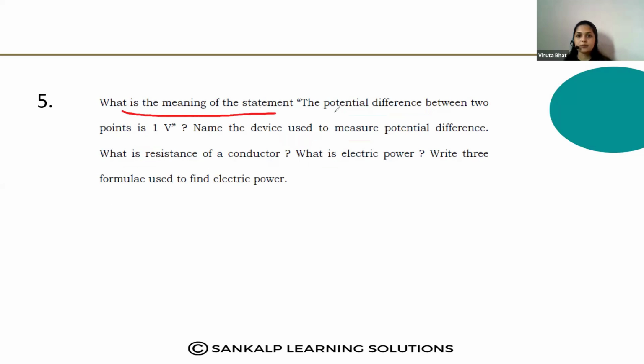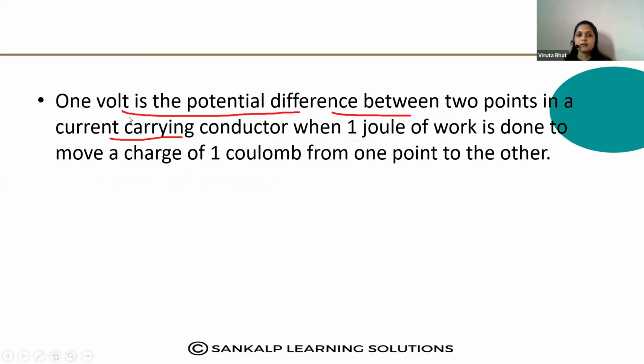What is the meaning of the statement, the potential difference between the two points is 1 volt? 1 volt is the potential difference between two points in a current carrying conductor when 1 joule of work is done to move a charge of 1 coulomb from one point to another point.